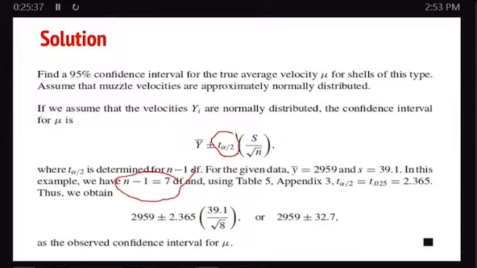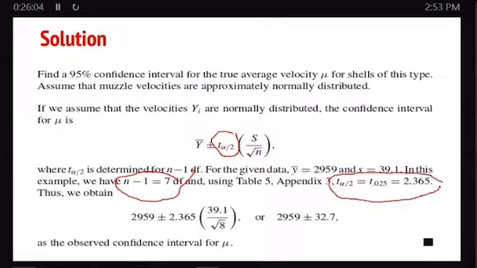If you go to the textbook we're using, appendix 3, table 5, on the recommended textbook, this is what you're going to have. The alpha divided by 2. Don't forget, the 95% is 1 minus alpha.